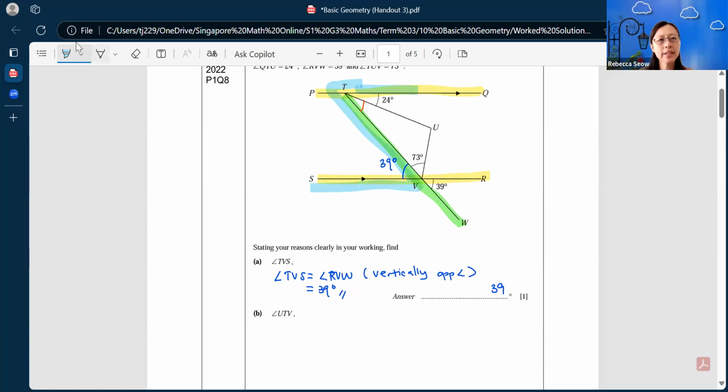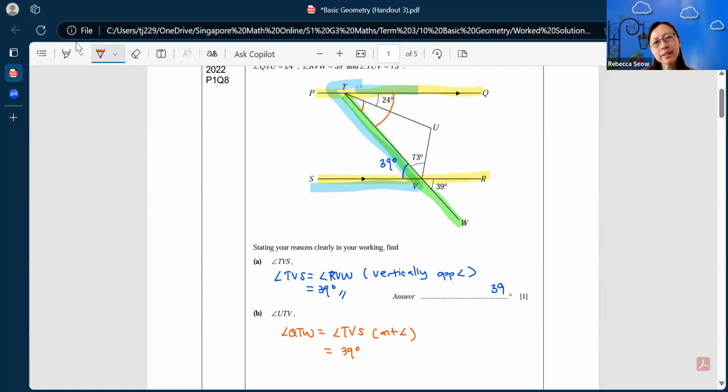We can actually see that the big angle UTW is equal to angle TVS, and this is by alternate angles. So that's 39 degrees.